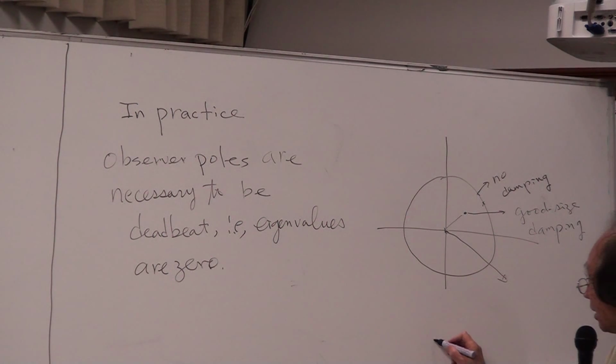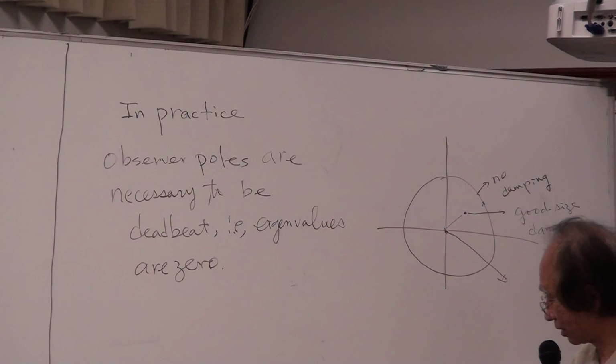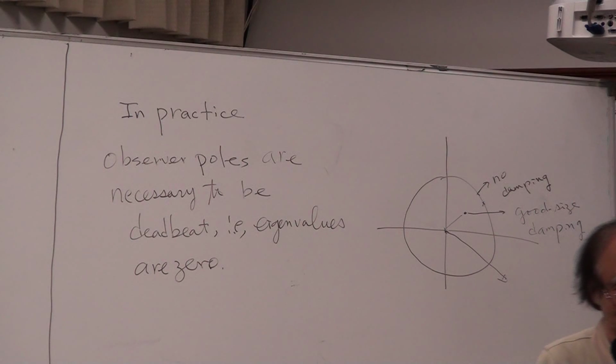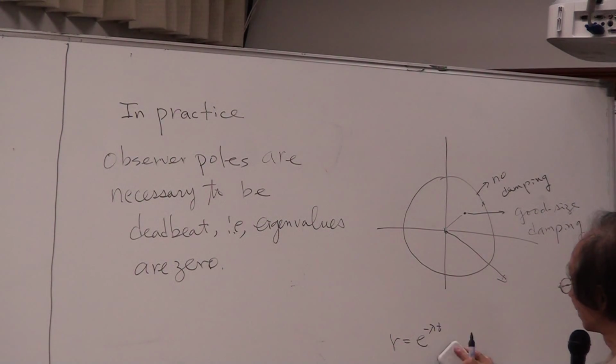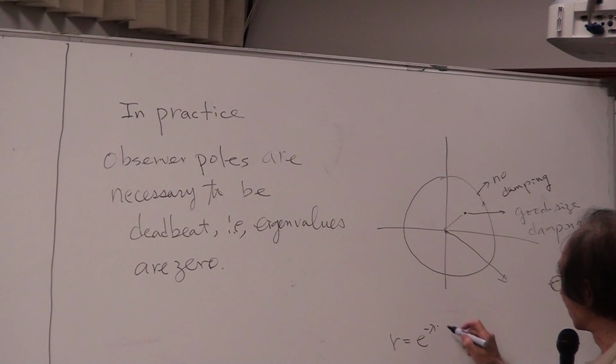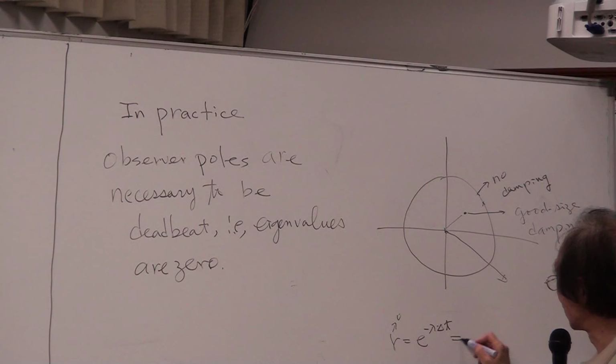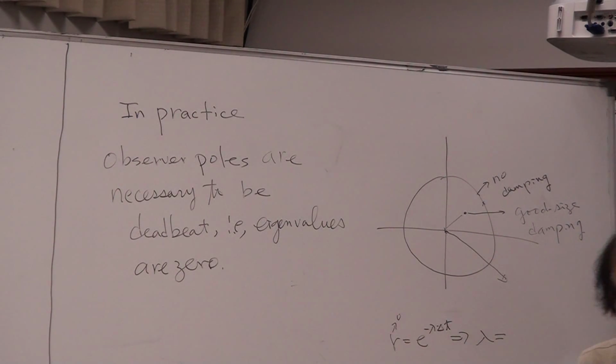What does that zero mean? That means e to minus how much? Oh well, it's not e to minus. This is discrete time. In discrete time, r is equal to e to the minus lambda T. And if this is zero, it means lambda equals what?